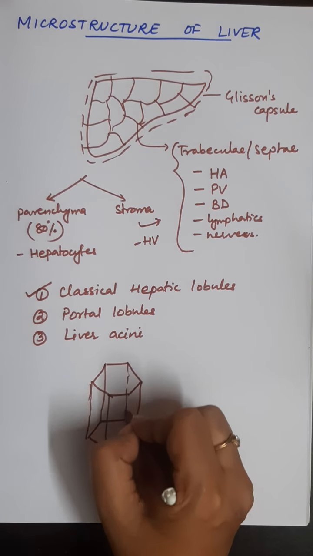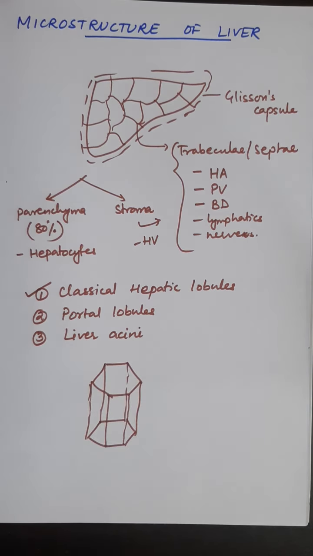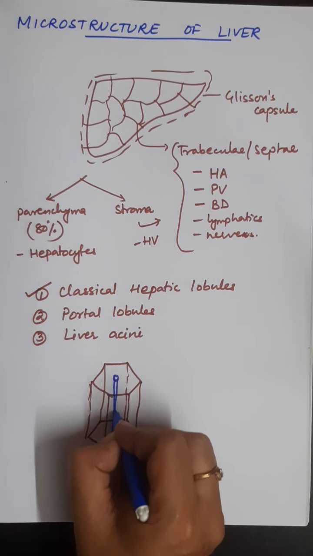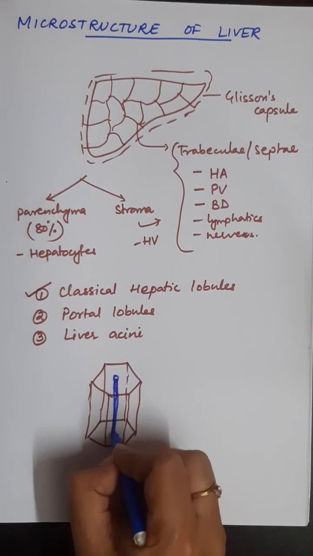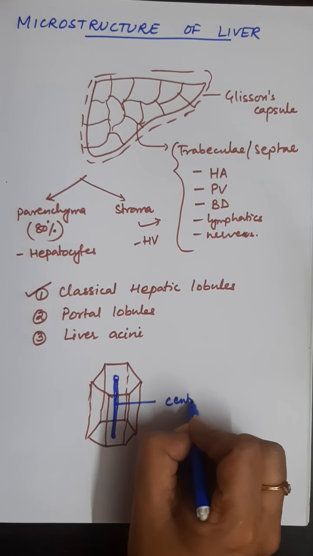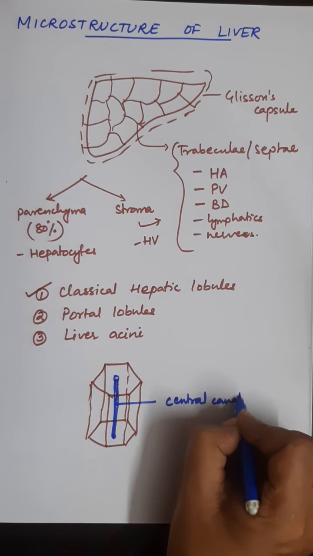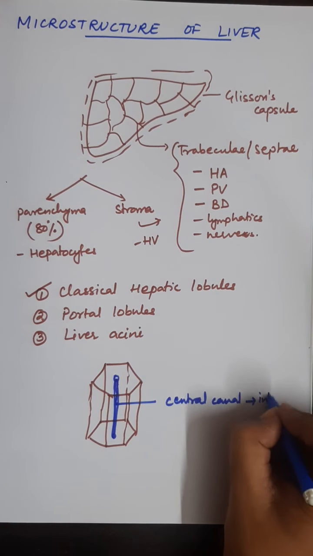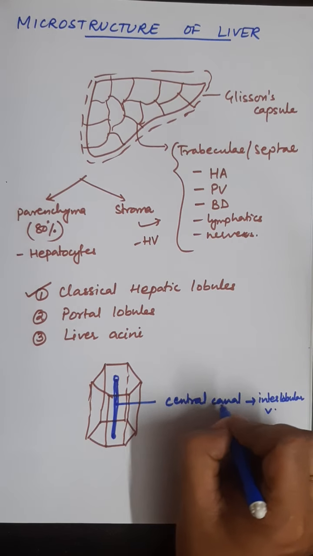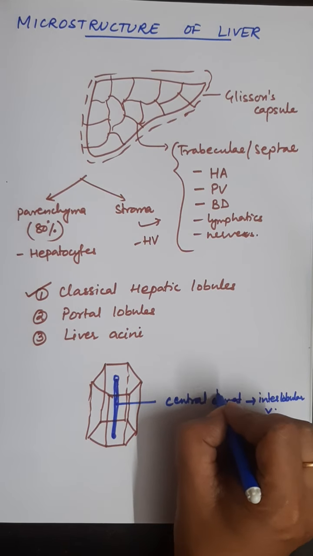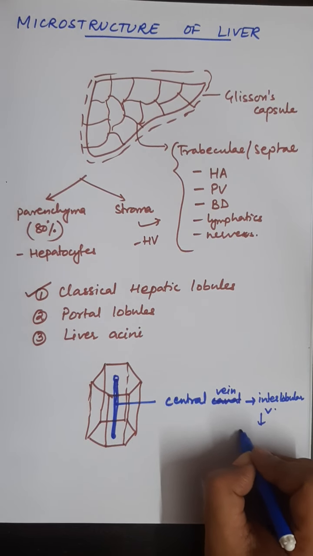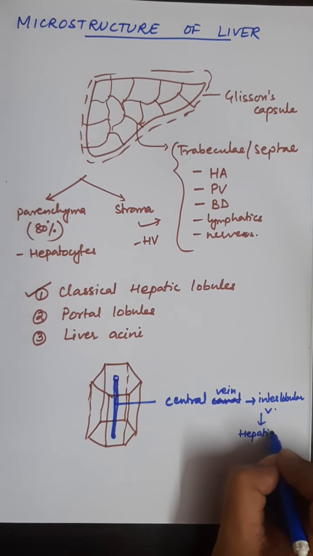the center of which is occupied by the central canal. Now these central canals join to form interlobular veins. So central canal, or I must say central vein, interlobular veins which join to form hepatic veins.